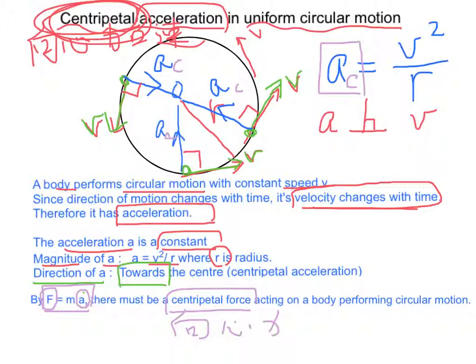The symbol for centripetal force is Fc. We have Fc equal to m ac. Centripetal force equals the product of mass times centripetal acceleration.